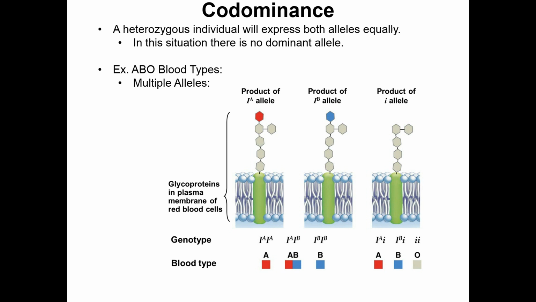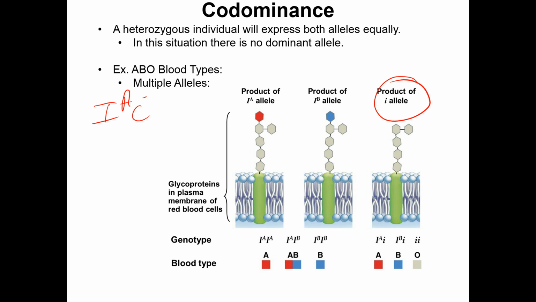Now, what about an individual that has type A blood, but also has a copy of the O allele? Well, in this case, the O allele is recessive to the A allele.